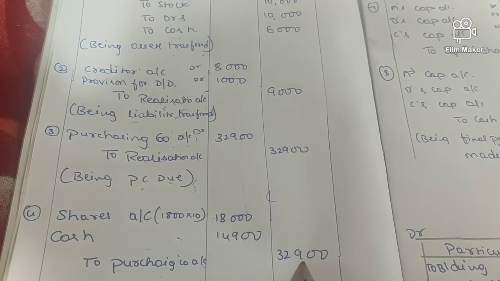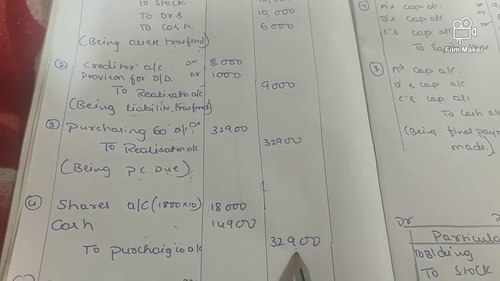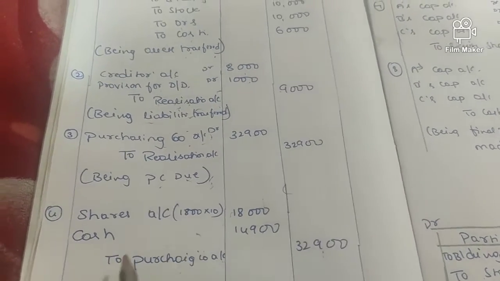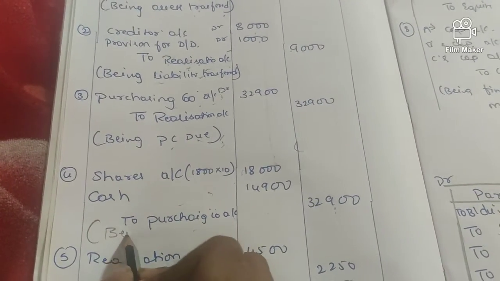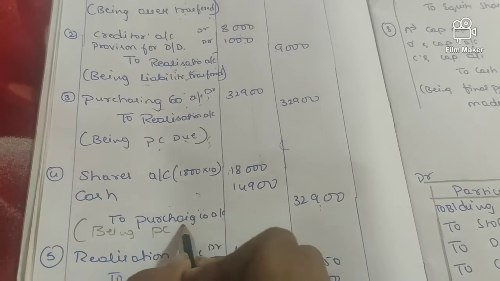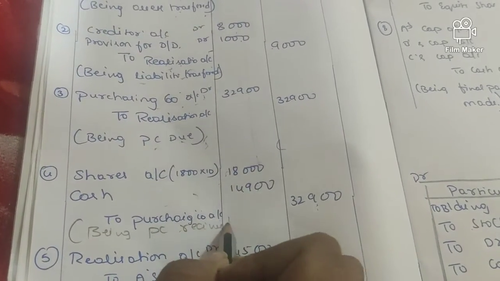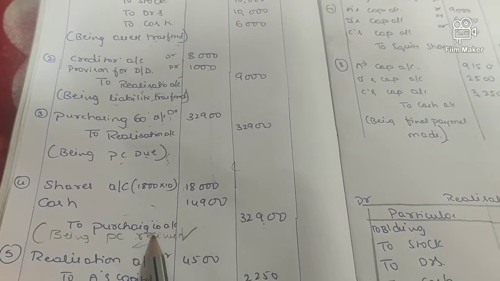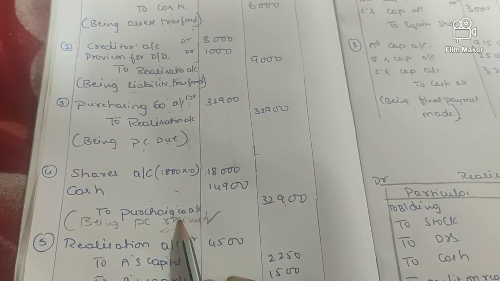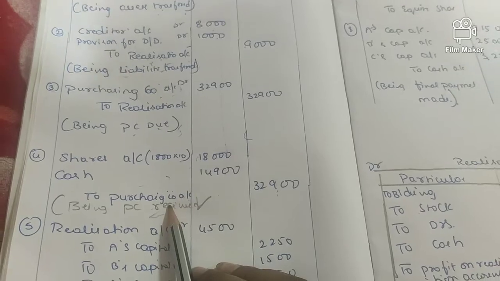So in total they are receiving the PC of 32,900. The narration will be being PC received.